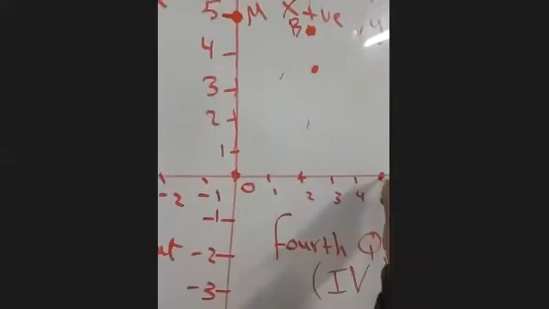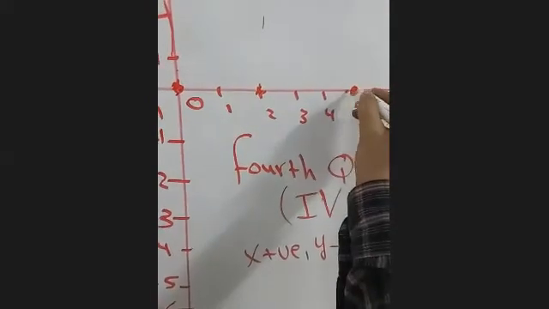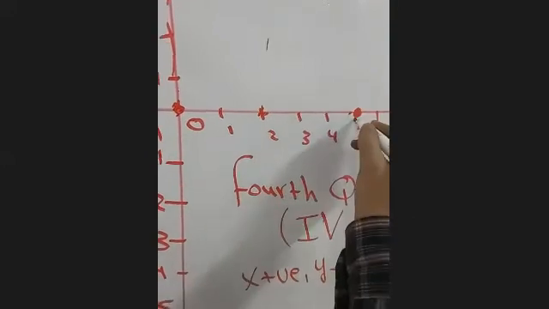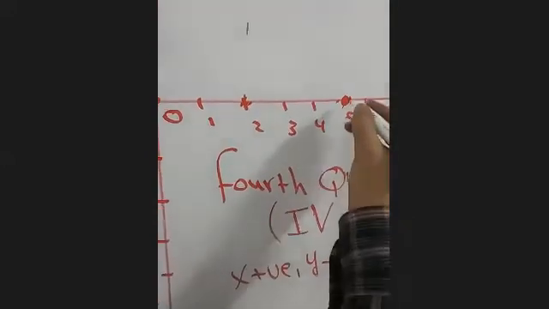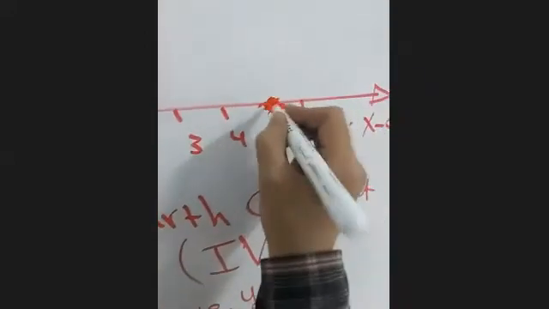Here. y is 0. I cannot go up and I cannot go down because y is 0. It's not positive and not negative. It's in the middle, so I will stay on 5. What do we call this point? N, the name of it. These are only names, guys.